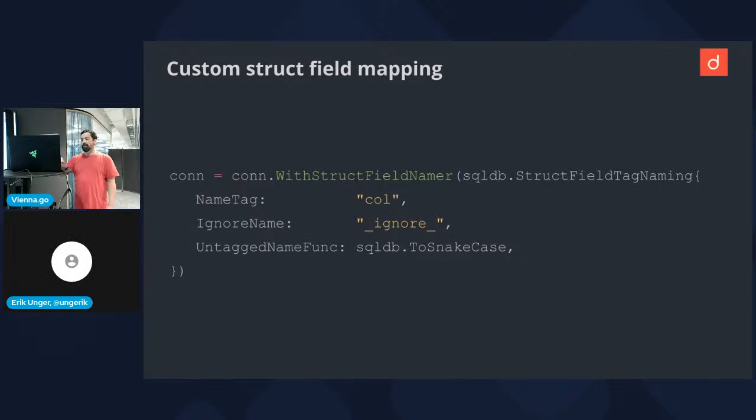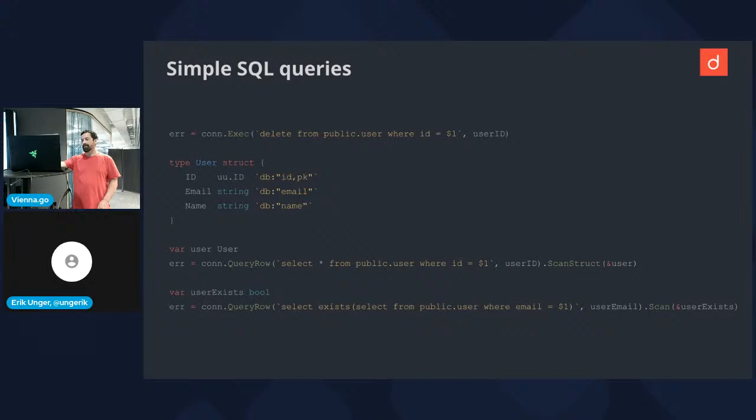Also have them automatically created with the untagged name func. So basically just convert everything to snake case. If that's the case for your code base, then basically you could just use that and not use any extra tags on struct fields. And so how does this look like? It's a little bit small here.